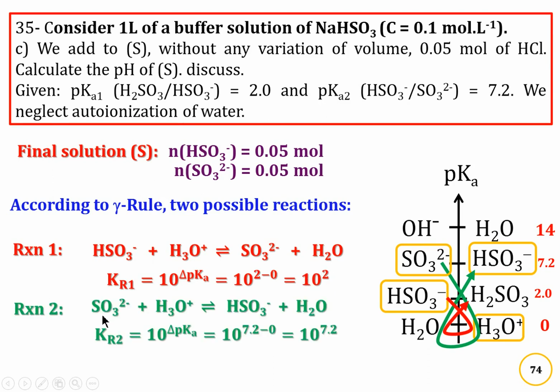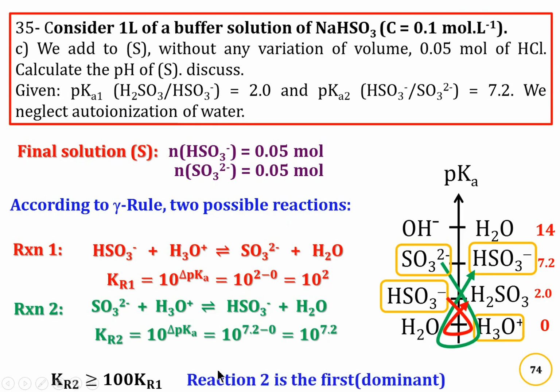Reaction 2, SO3 2− plus H3O+ gives HSO3− plus H2O, and K of reaction 2 equals 10^7.2. So K of reaction 2 is at least 100 times greater than K of reaction 1.